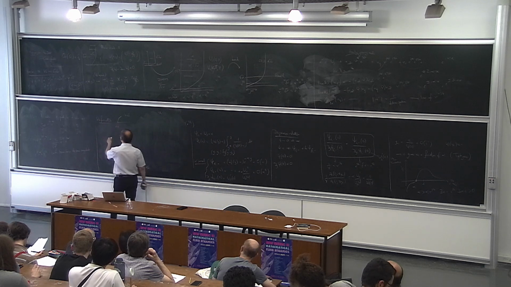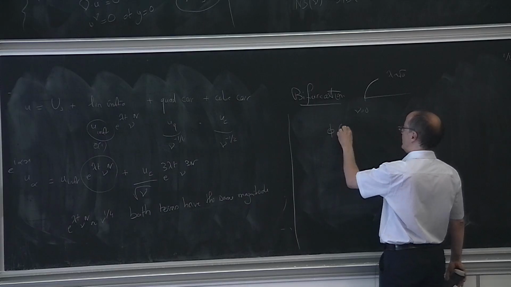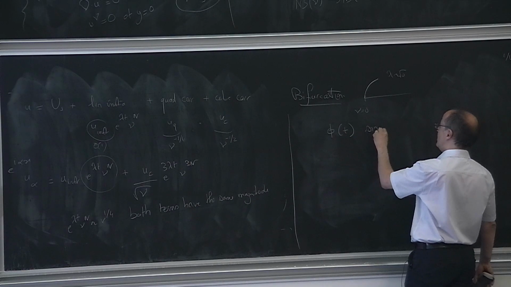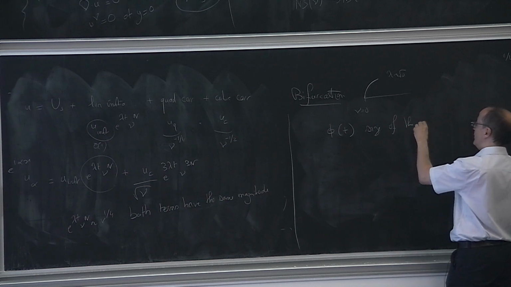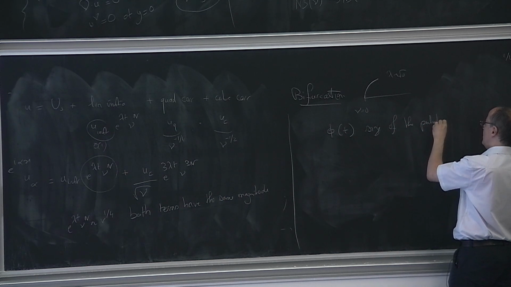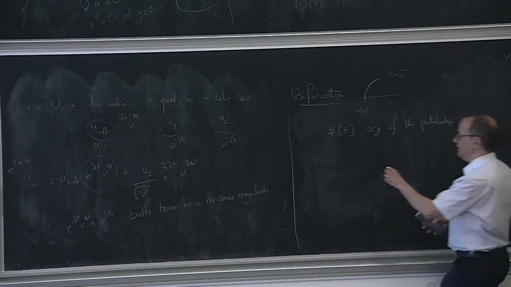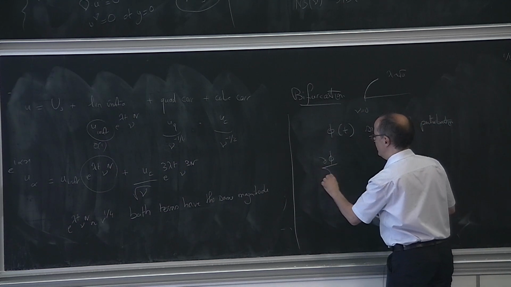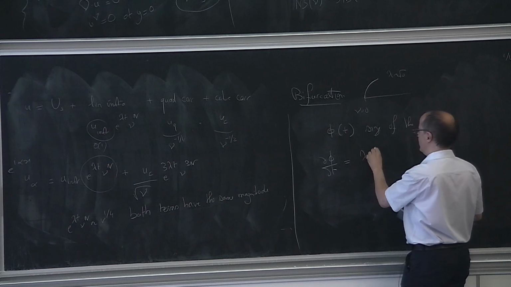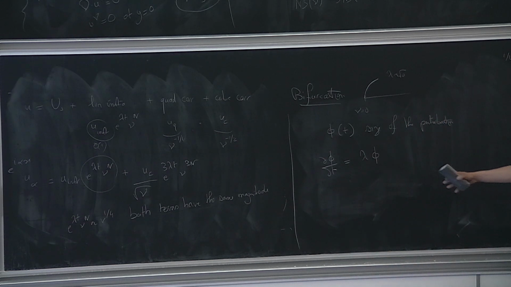So if you look in a very easy way at phi of t, the size of the perturbation, then you have this kind of Landau equation: d phi over dt equals lambda phi. And then you have to take care of the first non-zero term. Of course, here you see 1 and 1 gives 2, and then 2 minus 1 gives 1.